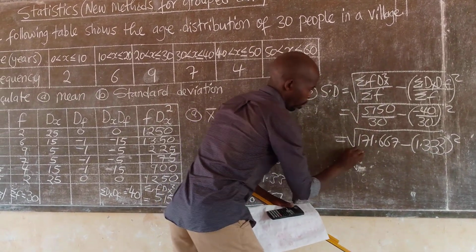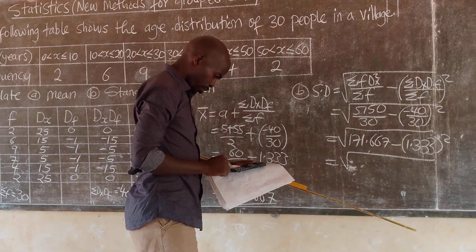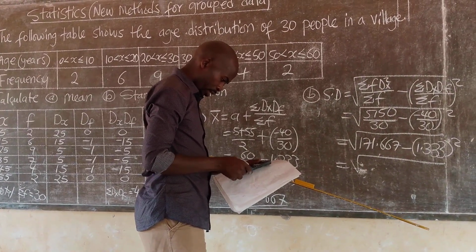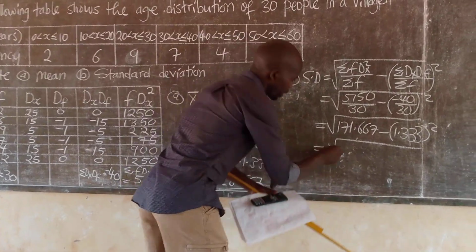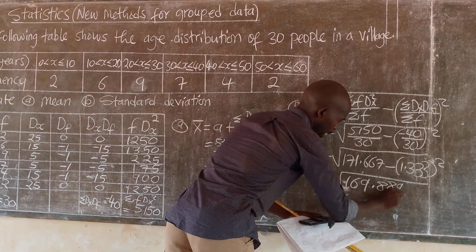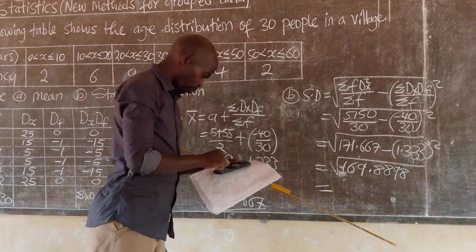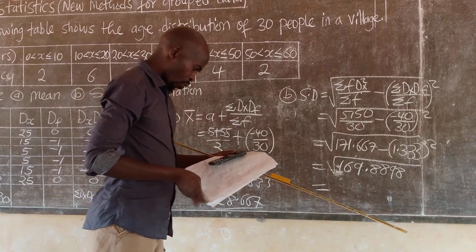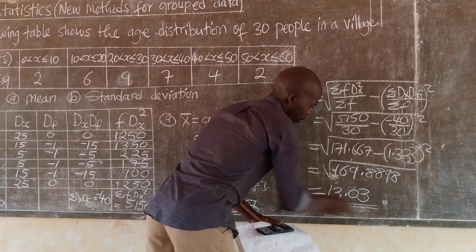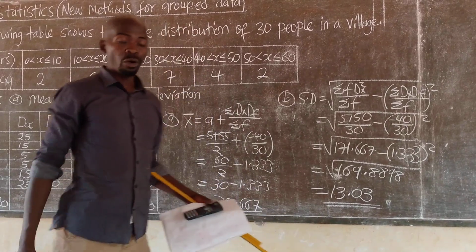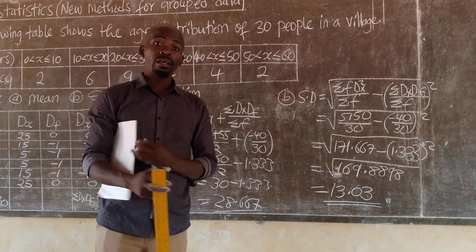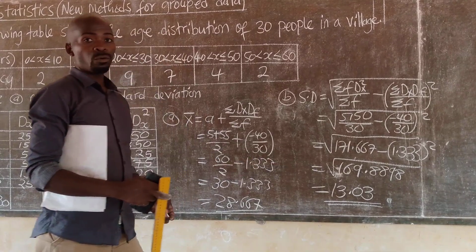Then if we do the subtraction there, minus 1.333 squared, we have 169.8898, and the square root of this one is 13.03. So this is our standard deviation, which can also be checked using the other methods. The answer will still be the same.